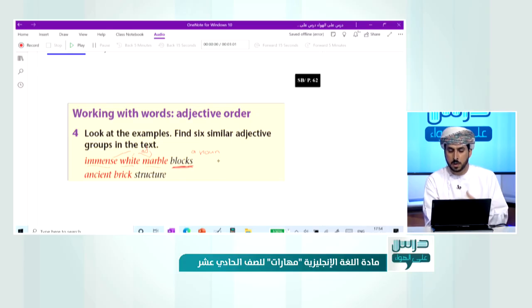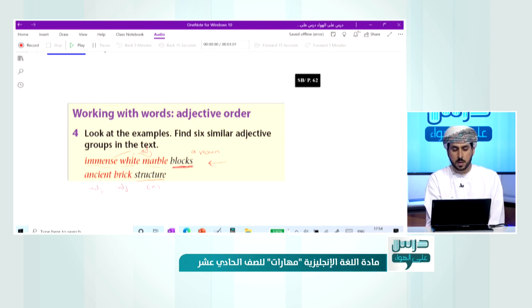So instead of mentioning 1 adjective for the noun, we have a group of adjectives as it is clear here in this example. Also we have another one. Ancient brick structure. The structure here is the noun and this one is an adjective. Also this one is an adjective.